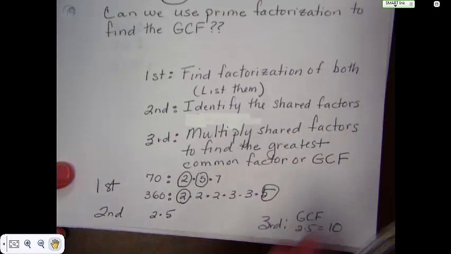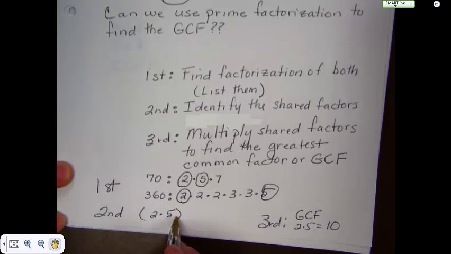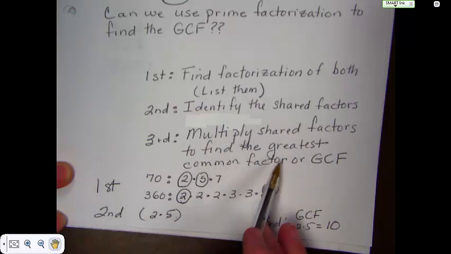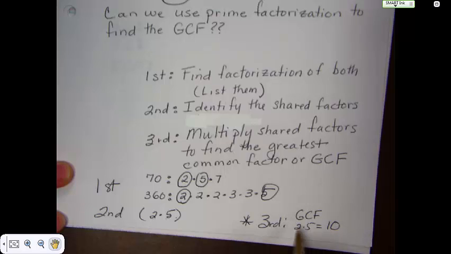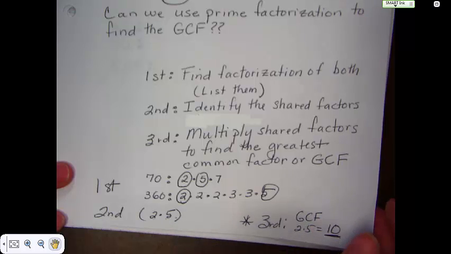If you look down here, I have the same thing written down. 2 and 5, identified those, right? So then I wrote them right here, 2 times 5. Step 3, multiply the shared factors to find the greatest common factor, or GCF. 2 times 5 gives you 10. Really is a quick way to find GCF, especially if you have two numbers that you have absolutely no idea what their GCF would be.